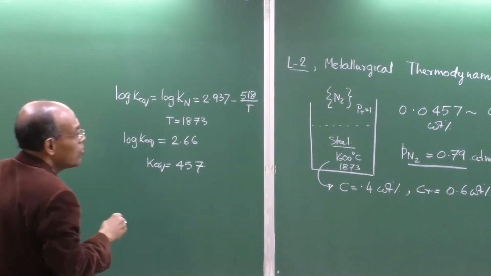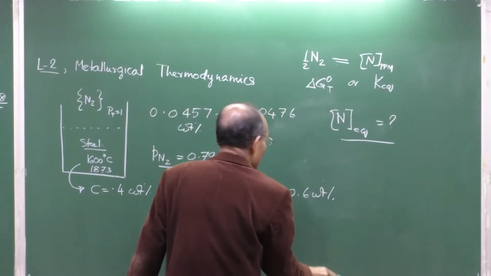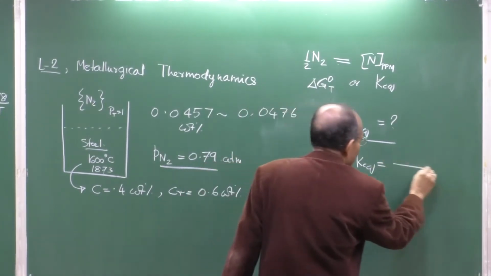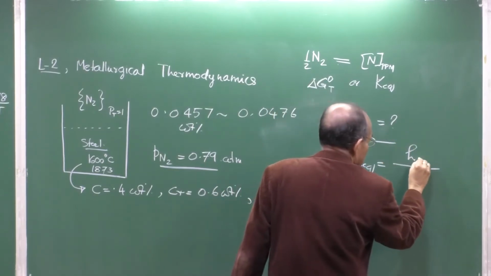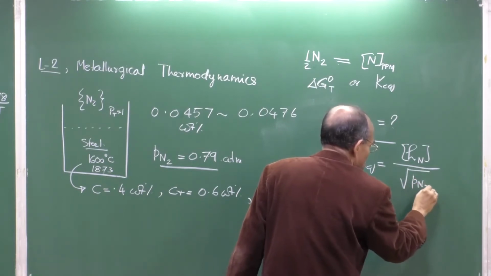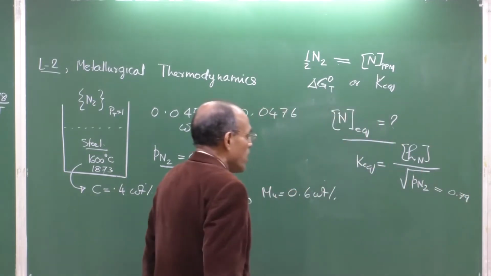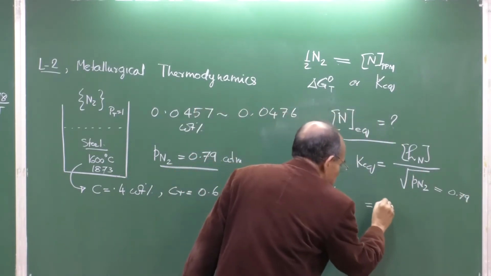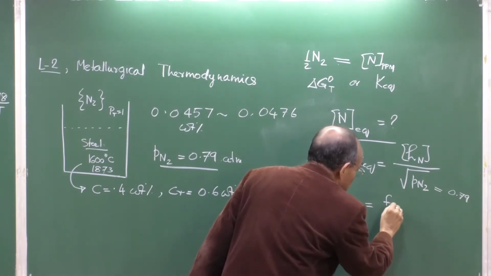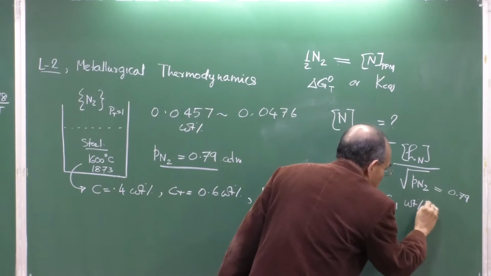Now, if we write down the equilibrium constant for this reaction, K equilibrium will come out to be the Henrian activity, because it is a dilute solution case, and then the square root of the partial pressure of nitrogen, which we know is equal to 0.79. And hN we can write as fN, the interaction activity coefficient, multiplied by weight percentage of nitrogen.